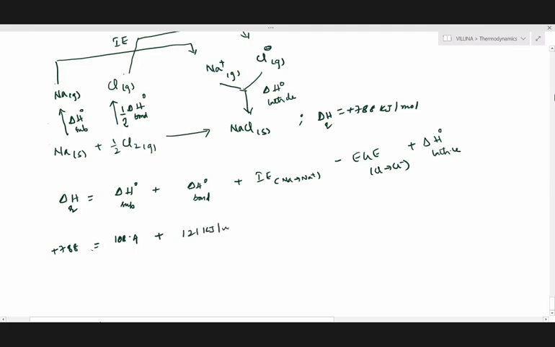Ionization enthalpy of sodium will be 496 kilojoules. And electron gain enthalpy will be minus 348.6. This delta H naught we don't know, so take it as it is. Calculate and let me know the answer, and then you can leave the class. So lattice enthalpy will be what?